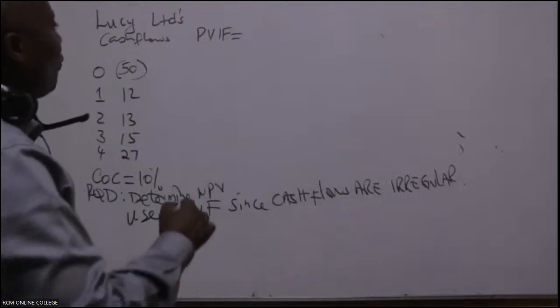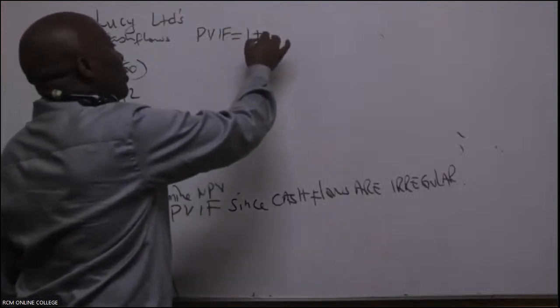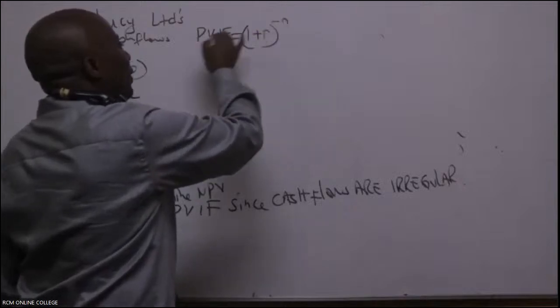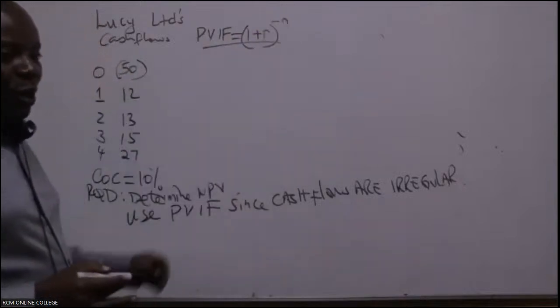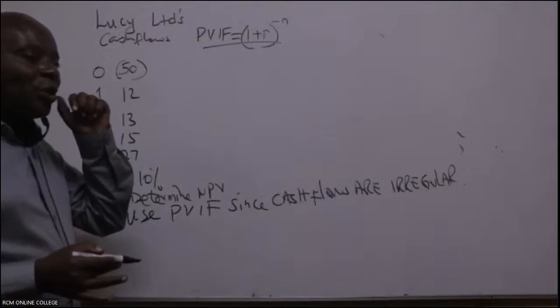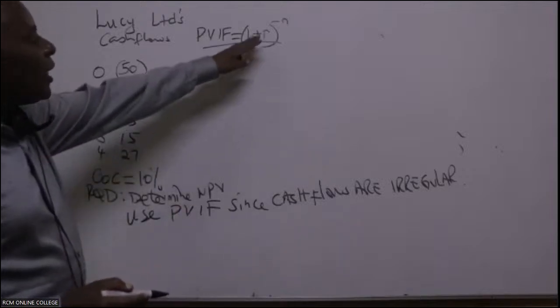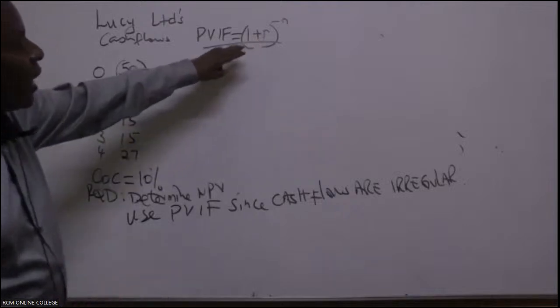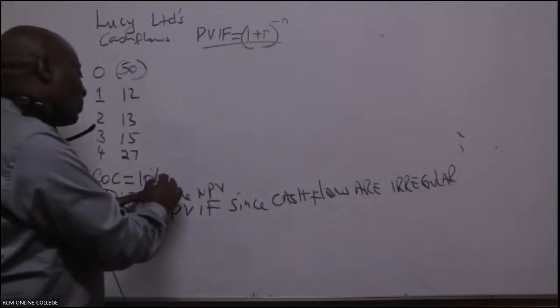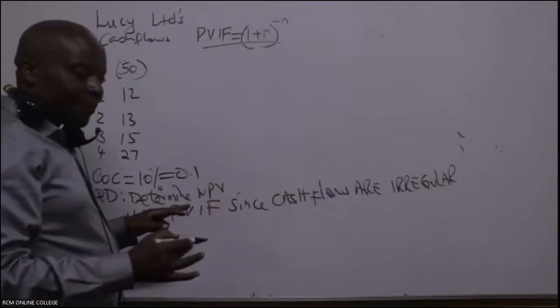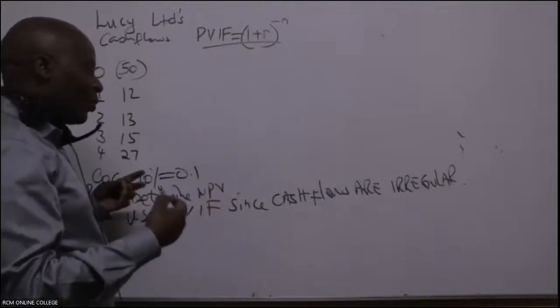And I know the formula is 1 plus r raised to negative n, where n is the period. In this case, r is 10%, which is the same as 0.1.